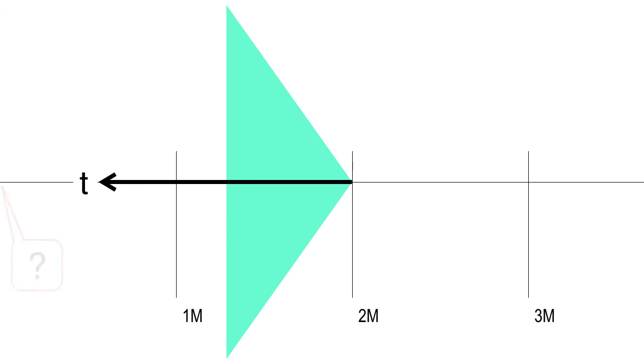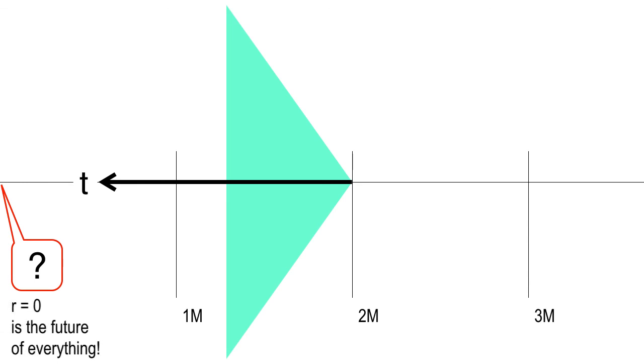And guess what? Your time axis is pointed right at r equals 0. And that is why we say that r equals 0 is the future of everything inside the event horizon, because the light cones have tipped over.